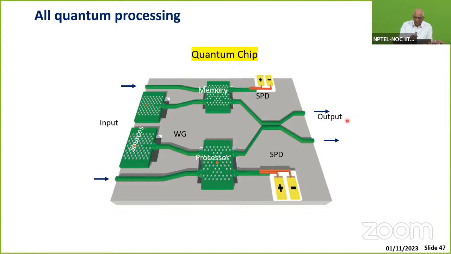This chip takes the input and has quantum sources, quantum memory, quantum processors, and single photon detectors, SPD, and then it sends that information out. So all processing is quantum. So it is secure, faster, and if you use topology, topologically protected, robust. So this is the future.